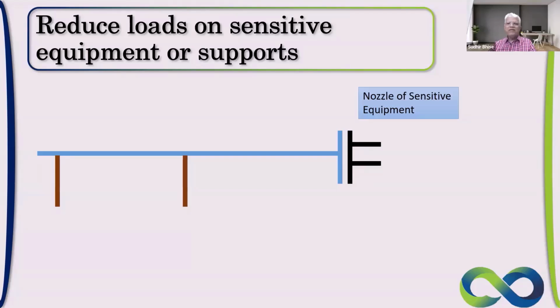Now, if we find that the nozzle of the equipment is heavily loaded, then with one click, please, with an additional support nearby the equipment, you will find that the loads on the sensitive equipment will reduce. This is one more purpose of supporting: to reduce the loads on the sensitive equipment and on some supports which are heavily loaded due to insufficient supporting. So that is our next purpose.